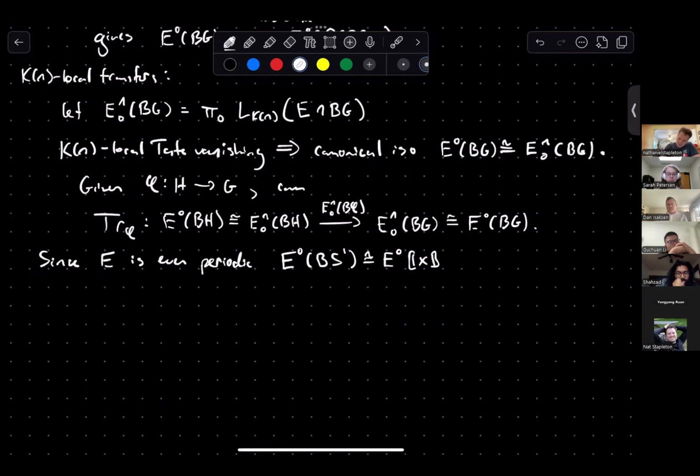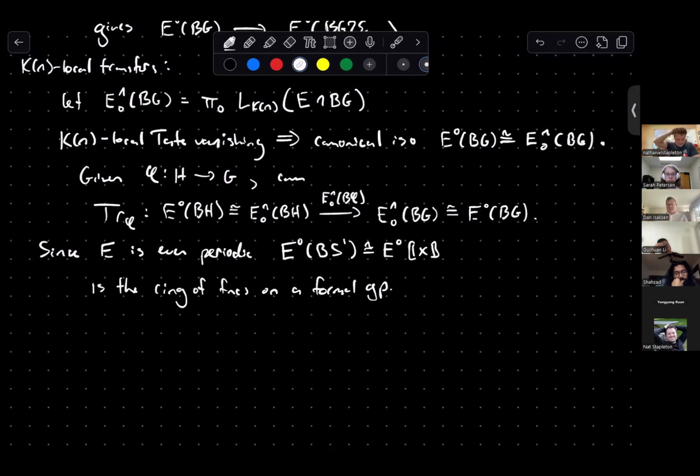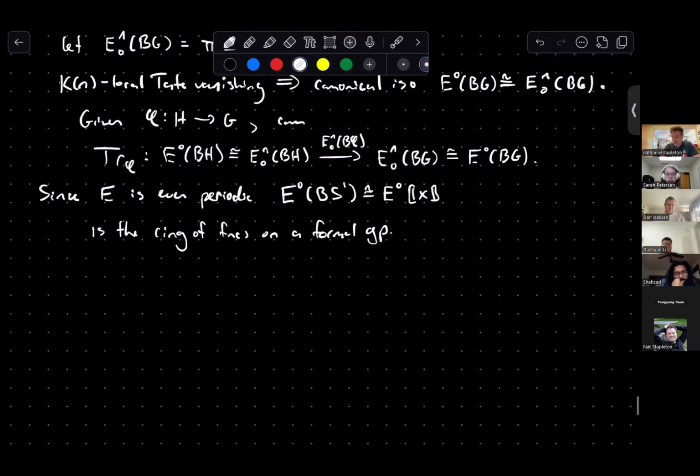And this thing is the ring of functions on a formal group. And this is always true if I have an even periodic cohomology theory.